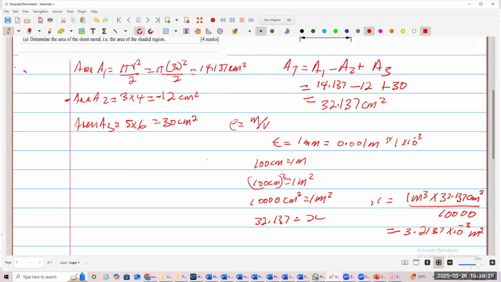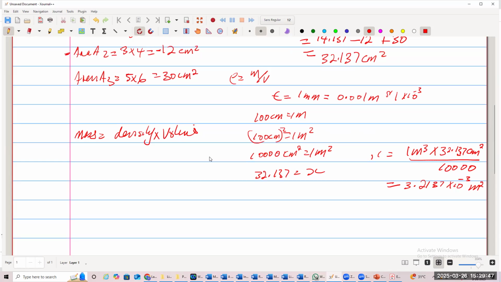So therefore, our mass is equal to your density times your volume. What is our volume then? Did we find the volume? Our volume is your thickness times your area. Your thickness was 0.001, which is 1 times 10 to the minus 3, times your area.